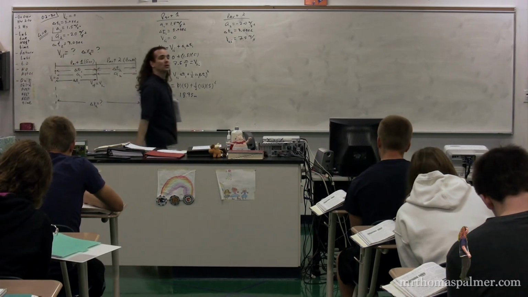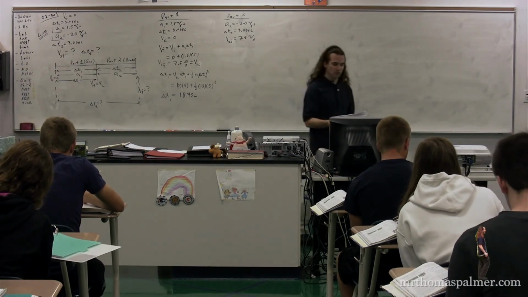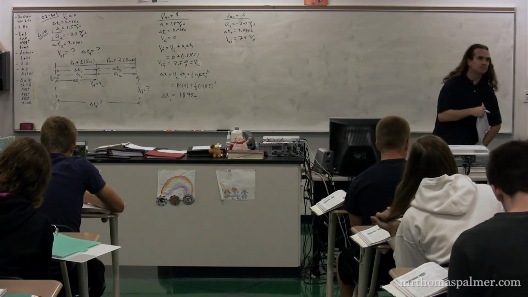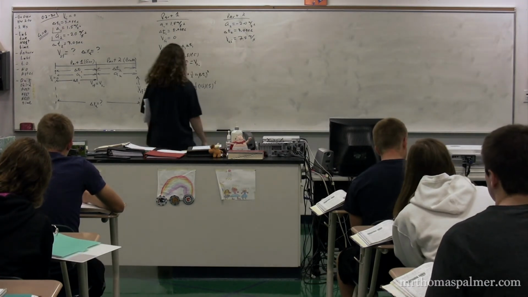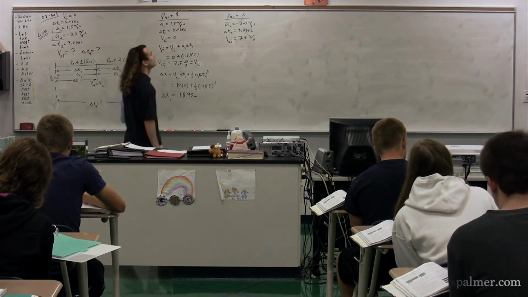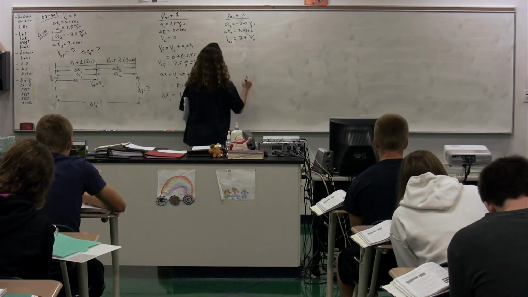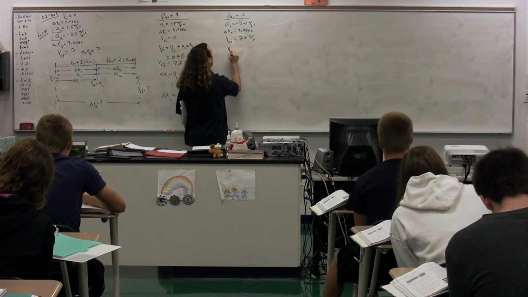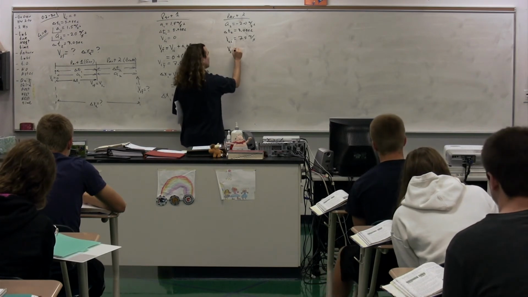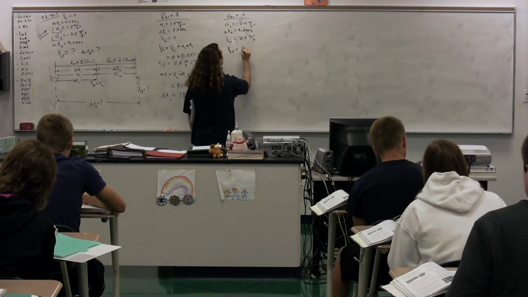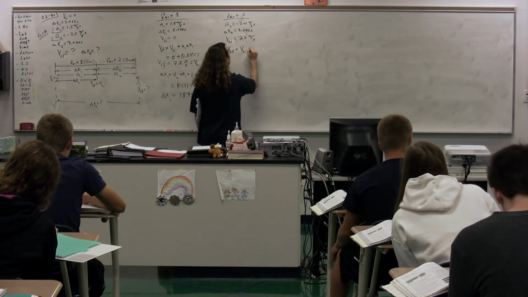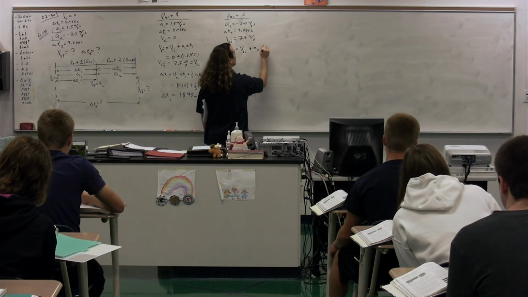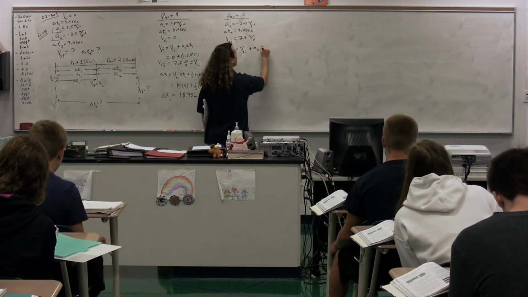Okay. What else would you like to do, Helen? We can find the final velocity for part 2. How are we going to do that? We can use the same equation. Velocity for part 2 final is equal to velocity 2 initial plus acceleration 2 multiplied by change in time 2.